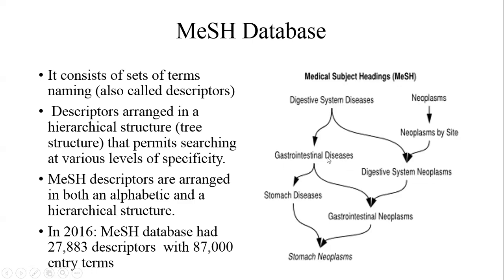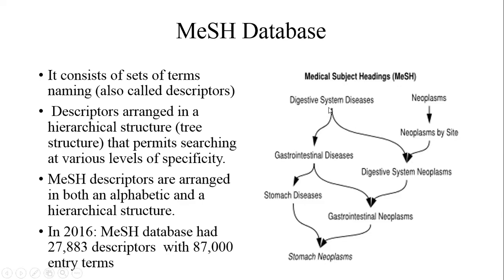Under gastrointestinal diseases, there are various components of your gastrointestinal tract, right? There is stomach, there is esophagus, there is intestine. So then you can again increase your specificity to stomach to go into more detail rather than searching into broader terms like gastrointestinal disease. One can specifically search for stomach diseases as well.